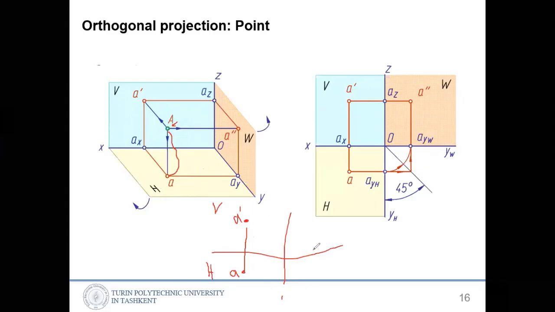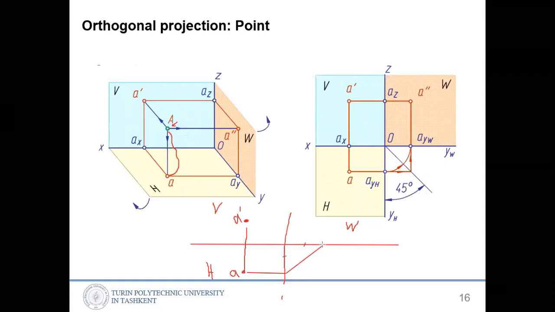And the third plane is the W plane, the profile plane. So let's make a straight line and measure this distance, then make the same distance. You can make a 45-degree angle, or you can use a compass, to make the same size.